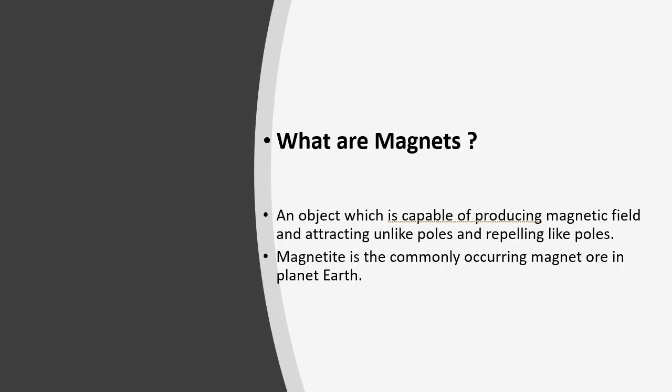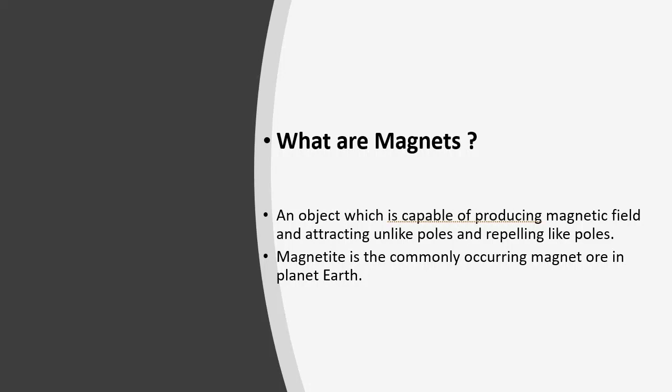So what are magnets? Any object which is capable of producing a magnetic field, attracting unlike poles and repelling like poles. Although it is a kind of definition, it is a hint for you. What do we understand from this? We understand that that particular object has a capability to attract certain objects like iron.